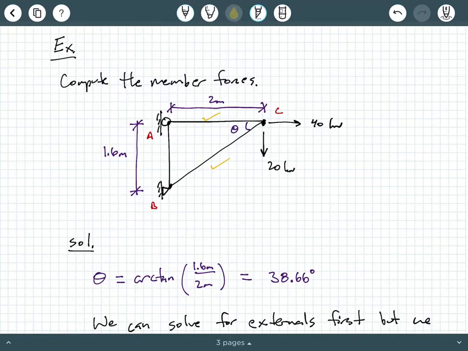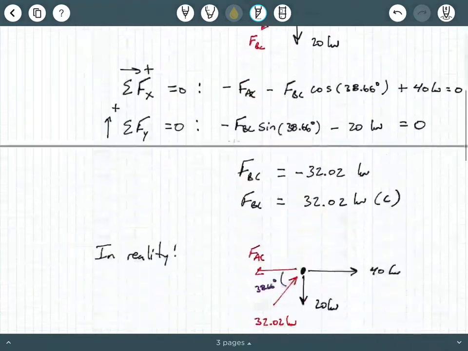Well, the answer is go to A, okay? B has too many unknowns. You still technically do not know BX and BY, and you don't know FAB. You've got three unknowns at B, but you only have two unknowns at A. You've got AX right here, and then you've got FAB.